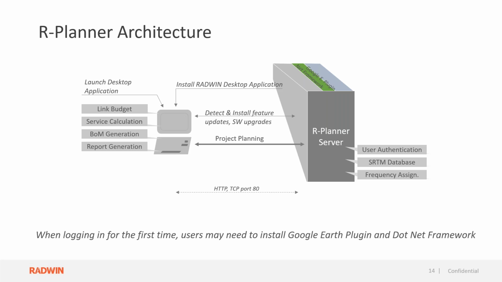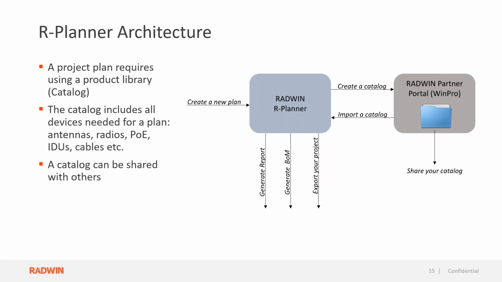If there is a firewall, you need to open the firewall to HTTP, TCP port 80, in order to allow the App Planner to work. And of course, it's based on the Google Earth plugin, and you need to follow the instructions when you are doing the installation.